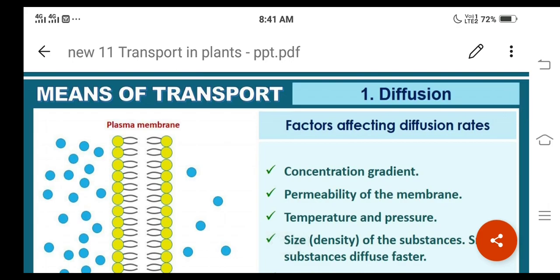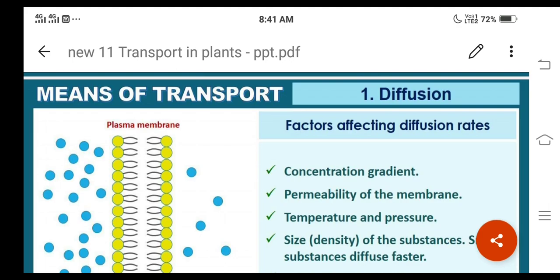Here we are going to study the important factors, the factors affecting the diffusion rates. The rate of diffusion depends on the concentration gradient, that is nothing but the difference in concentration, like a higher concentration and a lower concentration.